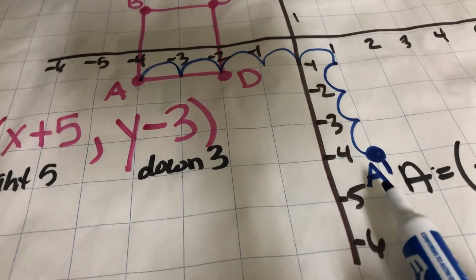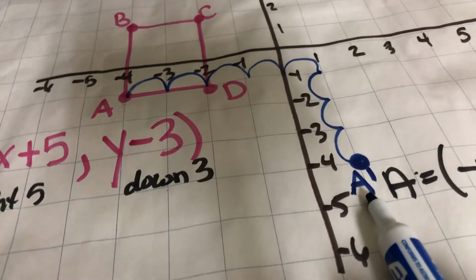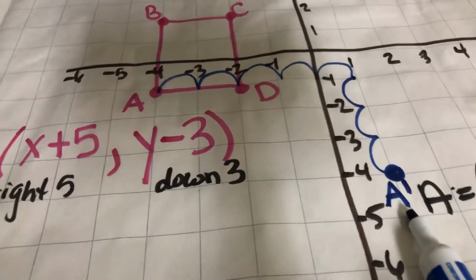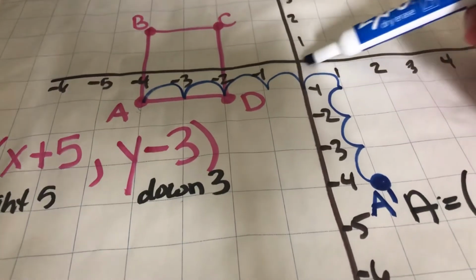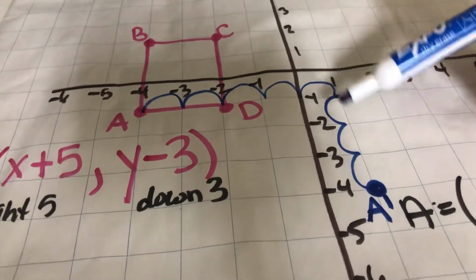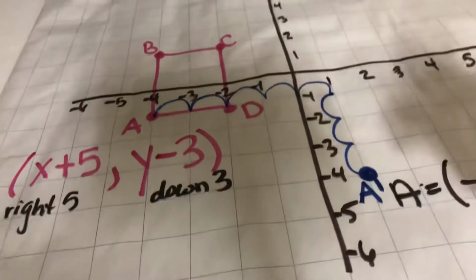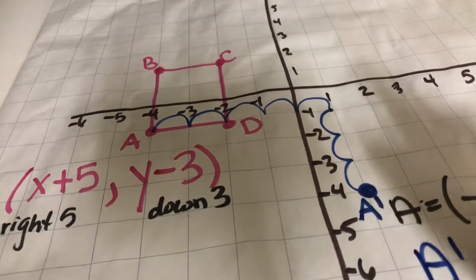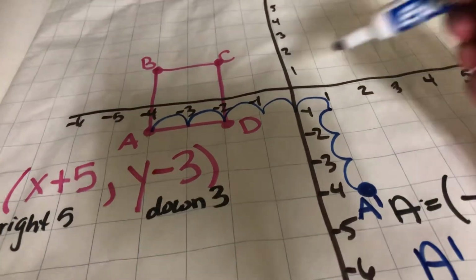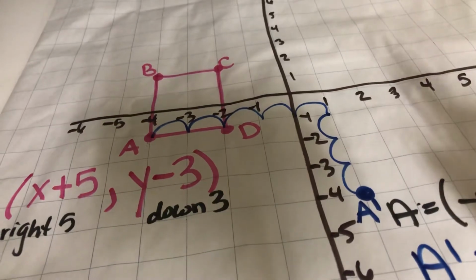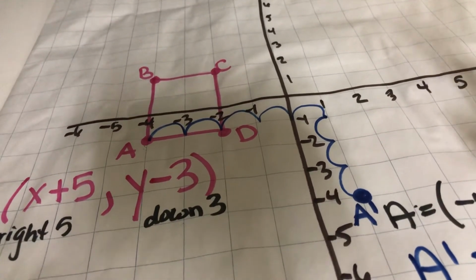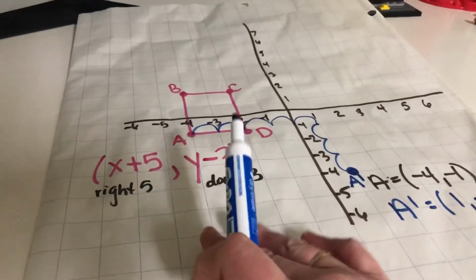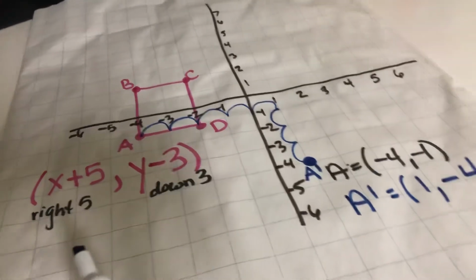All right? And now what are my new coordinates for my A1? My new coordinates are 1 across the x-axis and -4 along the y. So let's write A1 equals 1, -4. Now if we go back to here and I see my x plus 5, let me zoom out a bit so I can point to everything.